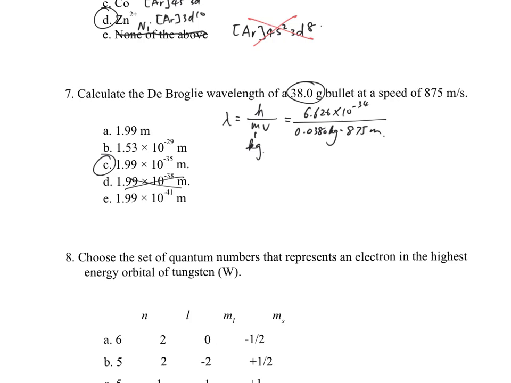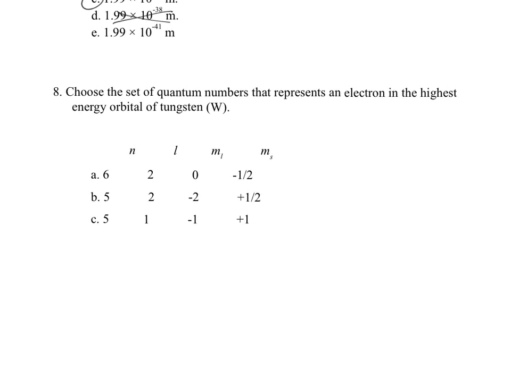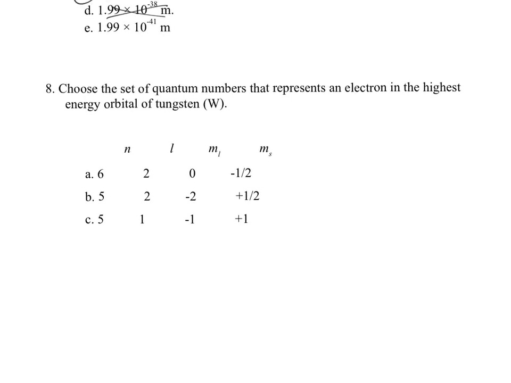All right, quantum number sets, the next one. This one doesn't have too much argument on it. Tungsten is on the periodic table at number 74, in the 6th row in the D area, that's your S, P, and D area.